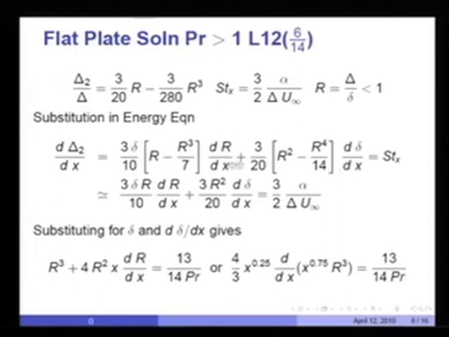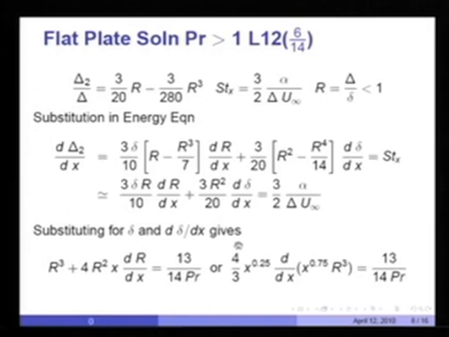It is fairly straightforward algebra, but notice each of these brackets, because r is less than 1, r cube by 7 will be much smaller than r. So, this can be ignored. Likewise, r to the 4 by 14 will be much smaller than r squared. So, even that term can be ignored, and then I will get d delta 2 by dx very nearly equal to 3 delta r by 10 into dr by dx plus 3 r squared by 20 d delta by dx, equal to 3 by 2 alpha over u infinity delta t.